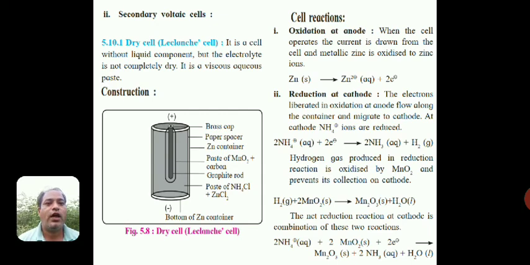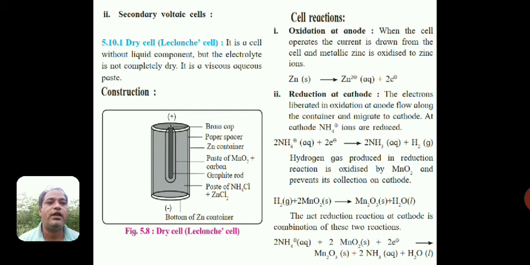So how is it constructed? We will go from outside to inside. At the outermost side there is a Zn container. Beneath that is a paste of NH4Cl plus ZnCl2, and at the center there is a graphite rod.